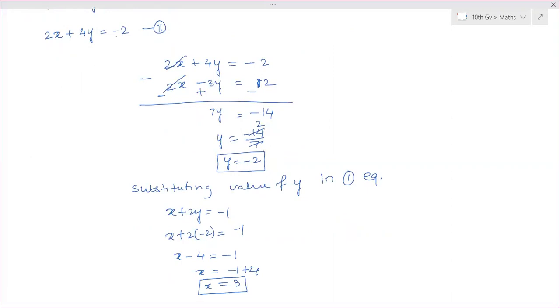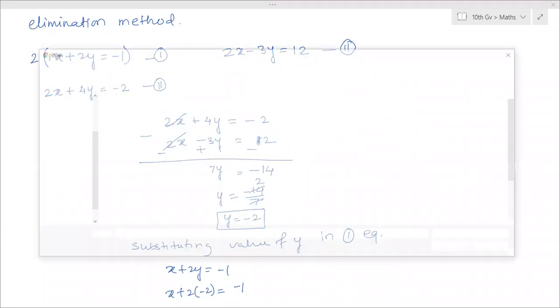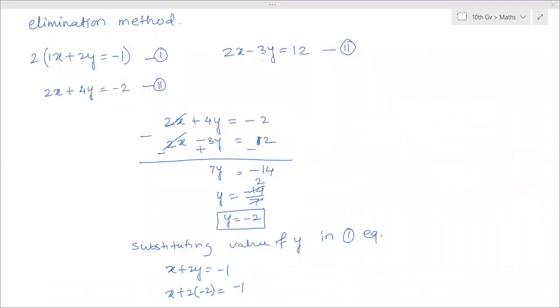Ma'am, could you scroll up? In this chapter, the main thing we'll be learning is this elimination method, elimination and solving. There are word problems also based on this. Because we are learning the four methods of solving, mostly we are using the elimination method.